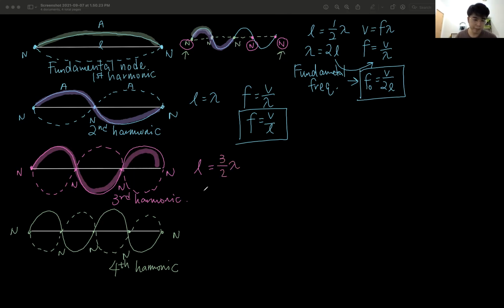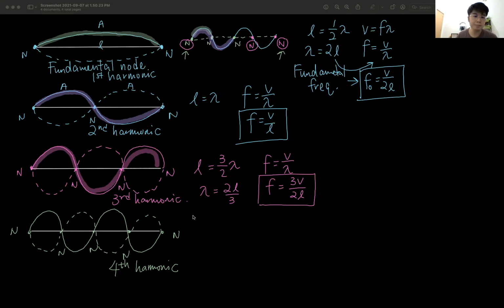Again, we make lambda equals to 2L over 3. And then F equals to V over lambda. F equals to 3V over 2L. Box this.